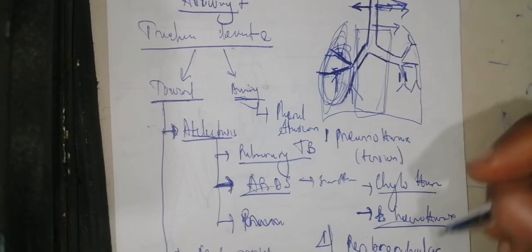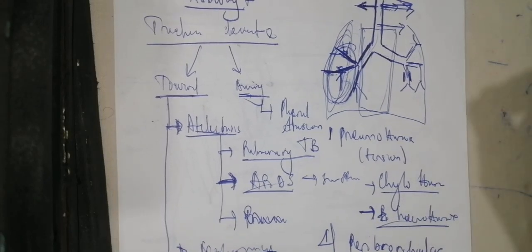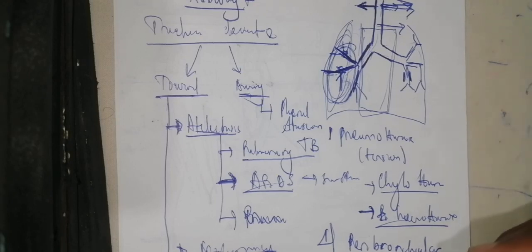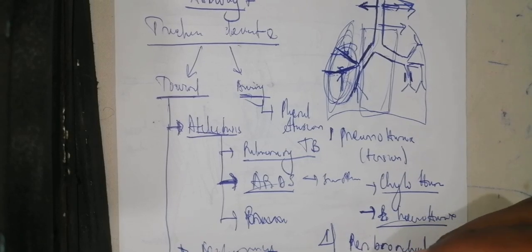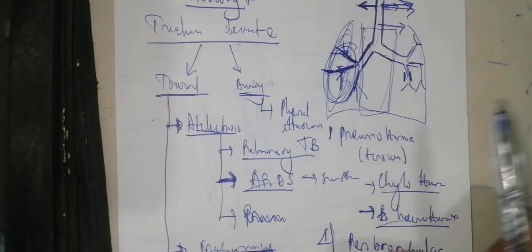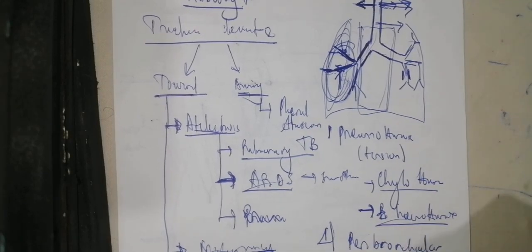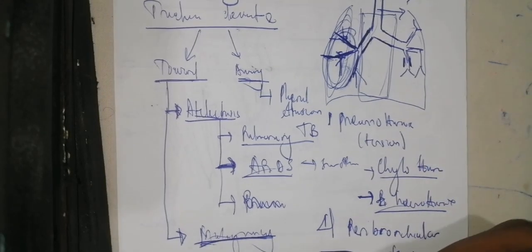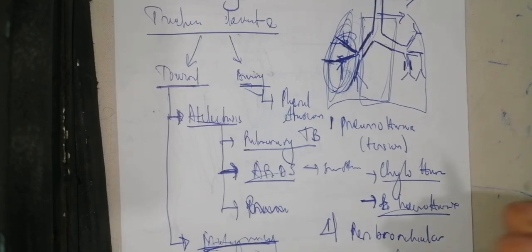Now, the peribronchial arteries are usually small. When you see peribronchial opacities that look like lines, you think more of peribronchial arteries. But when you see opacities which are nodular like this, you think of peribronchial lymph nodes.